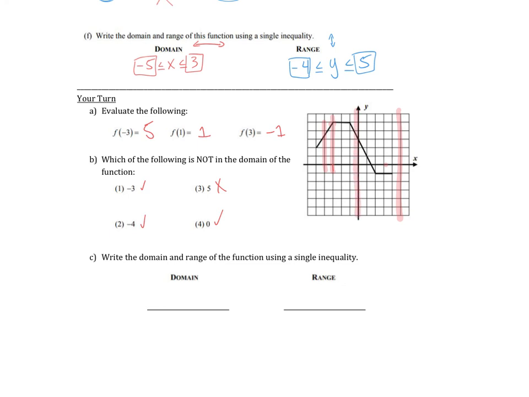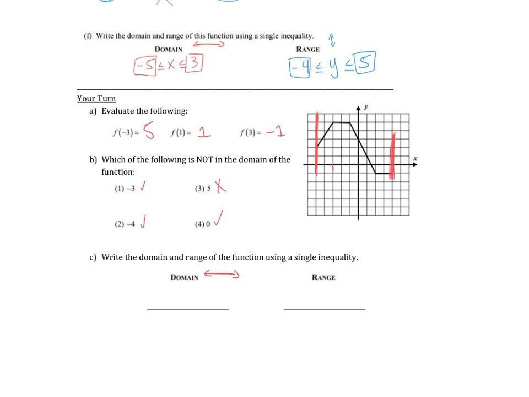All right. The last one is the most important one we're going to be going over, the domain and range written in interval and inequality notation. Okay. So let's look at our domain first. Remember, the domain is from left to right. So it's starting here and it's ending right here.